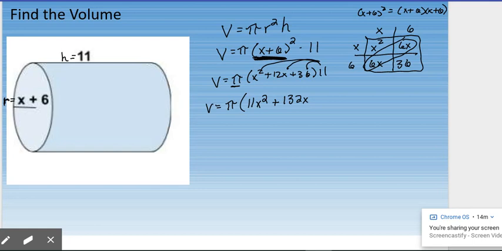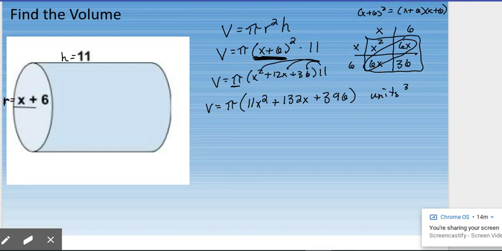And 36 times 11 is positive 396. And then I'm just going to say units cubed. I am not going to mess with distributing the pi. It is perfectly okay to leave it as is, just like that. And that's the last problem.